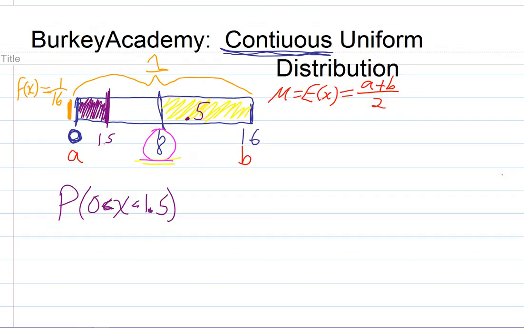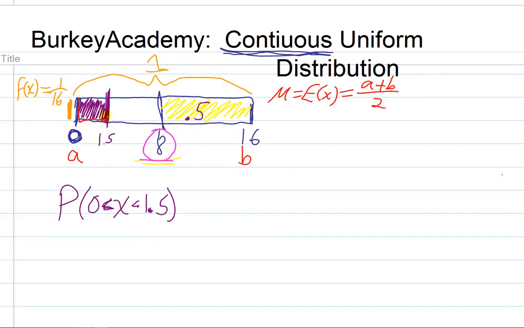Now, in general, this gives us our second formula. When you're trying to calculate probabilities, the height of this rectangle is going to be 1 over the base of the rectangle, basically. And then what that allows us to do is to calculate probabilities for any region here just by calculating the area of the smaller rectangle.